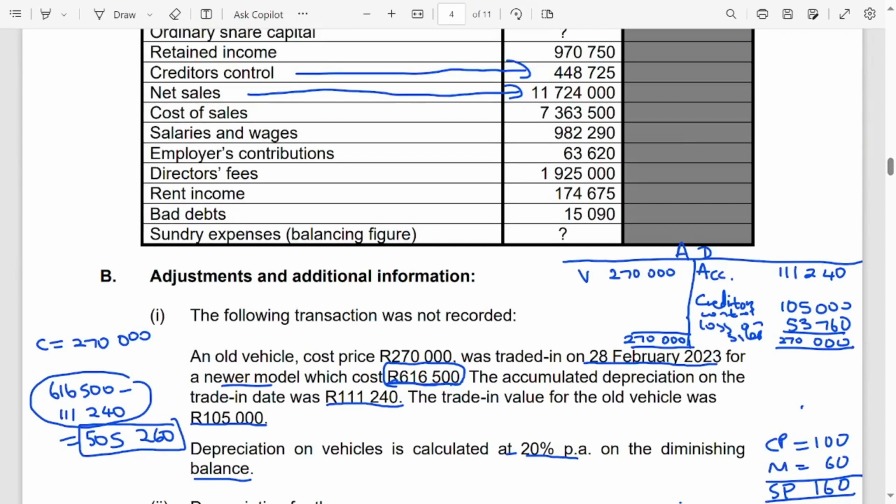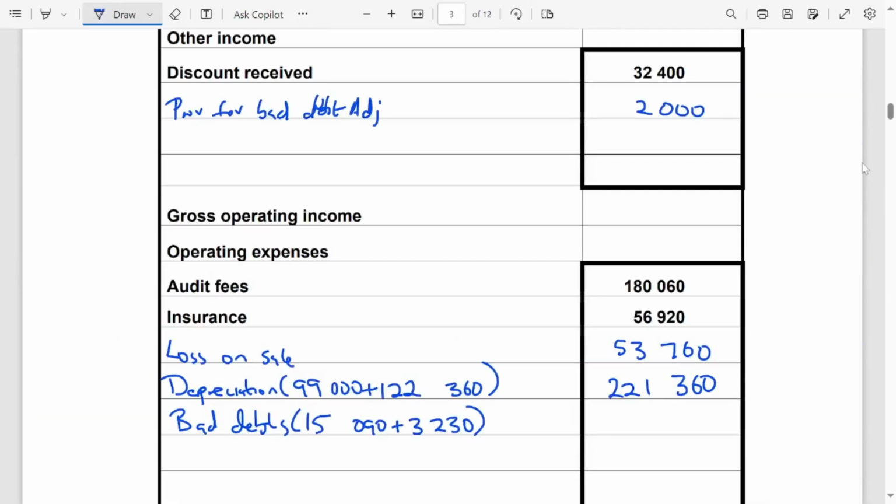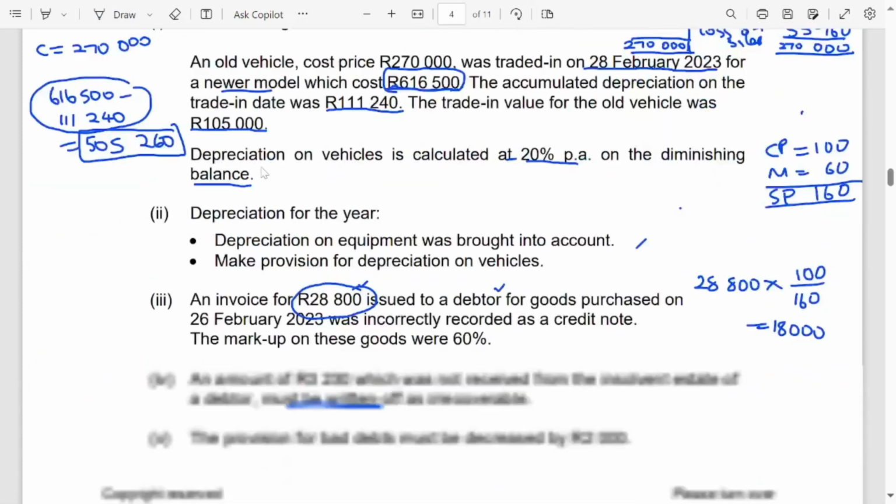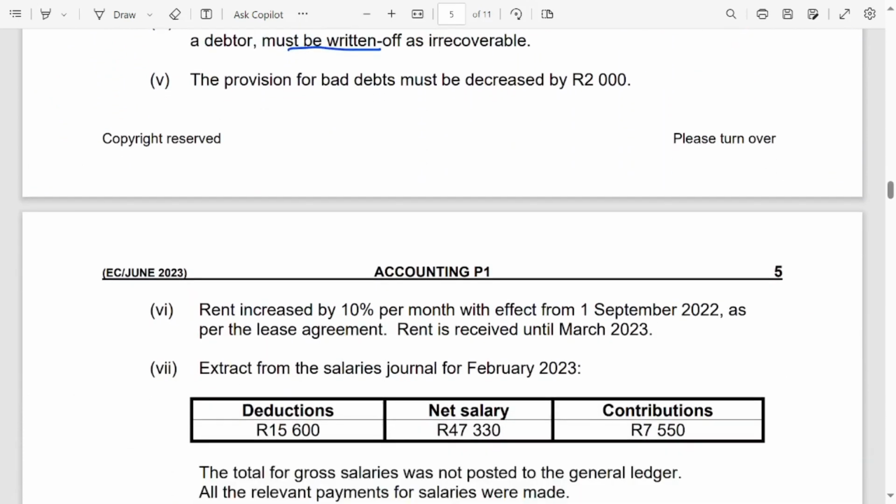The rent was given as 174,675. Rent income: 174,675. Right? Now what are they saying?